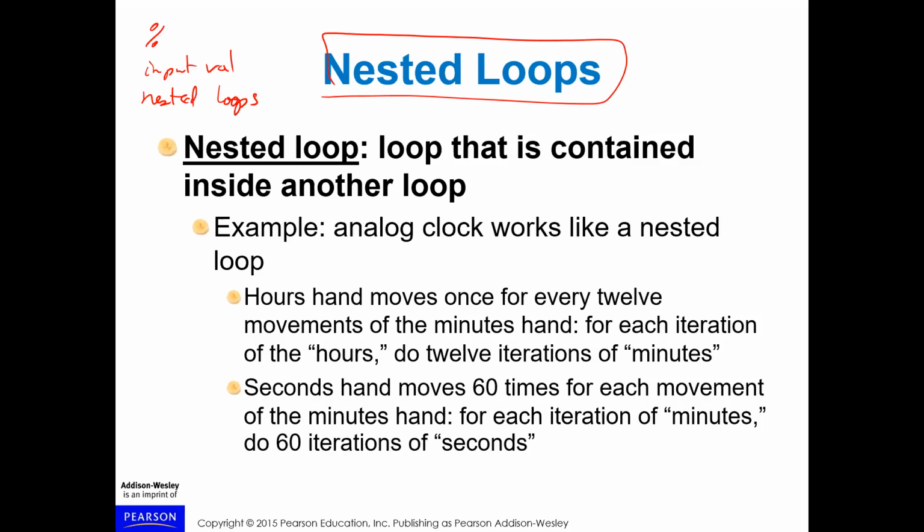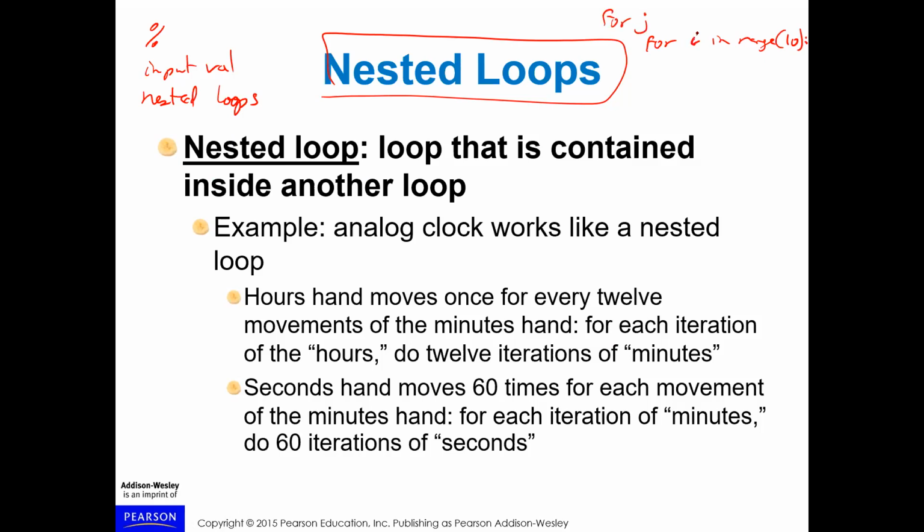Okay. So example. So what is a nested loop? First of all, a nested loop is a loop that is contained inside another loop. So what does that mean? It means that you have, how we had for i in range 10, right? Colon. Well, now that for loop could be inside another one, for j.